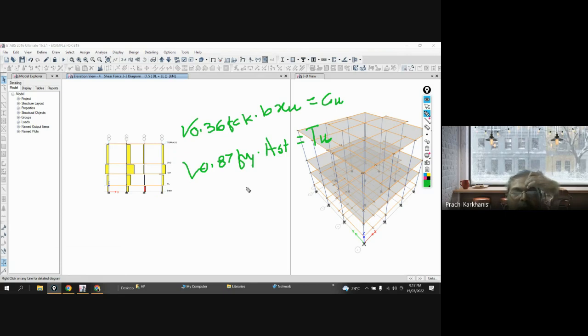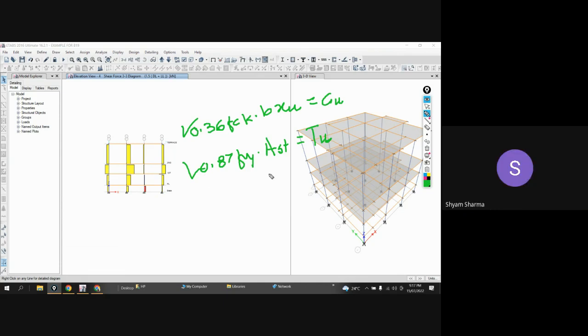इसी में it has taken care of material strength as well as factor of safety for load. ओके. इसमें ही मतलब सब कुछ आगे include कर दिया इसने. Yeah.